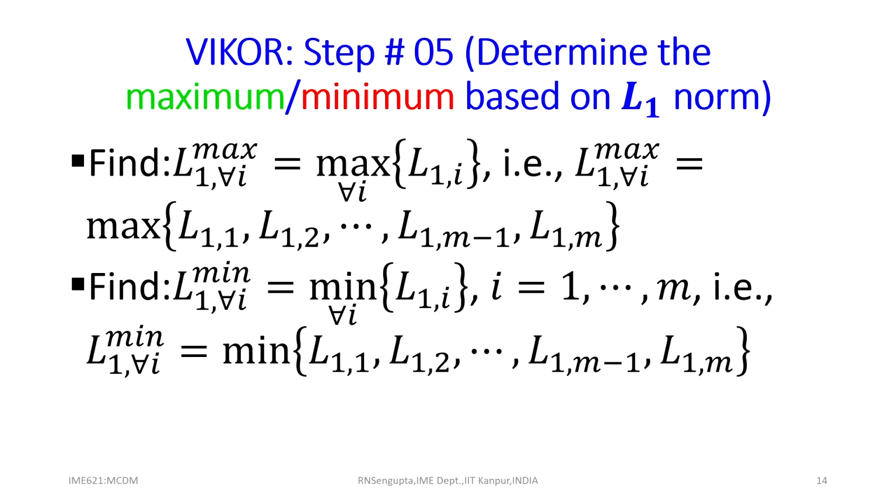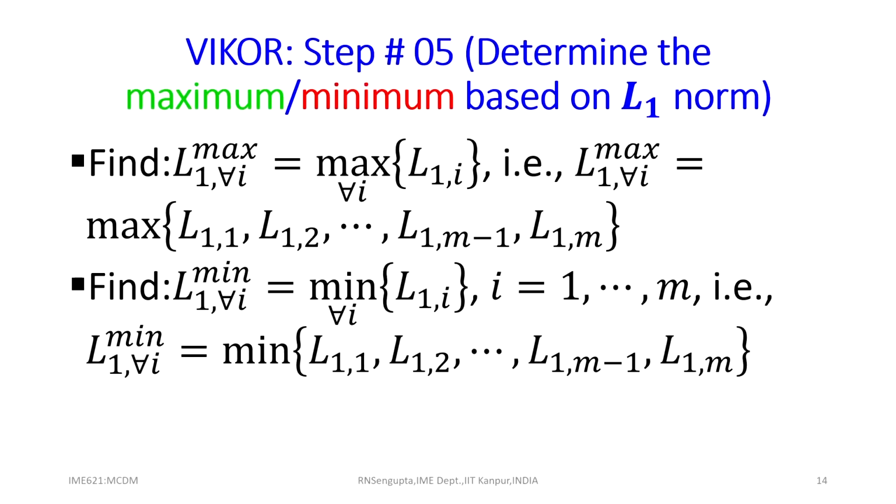And then I need to find out the max of them, minimum of them. Now, this max and minimum are not based on the L infinity norm, they are the maximum value which we have considered, like the ratios. So, based on that we find out the max, and these max are given for all of these alternatives considered, because max for all i is equal to 1 to m.